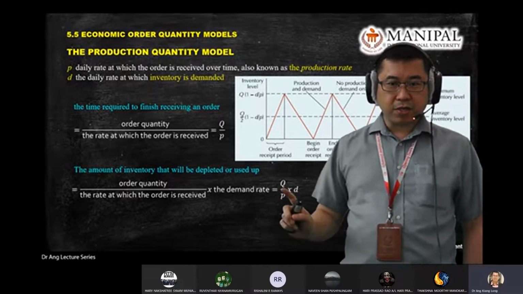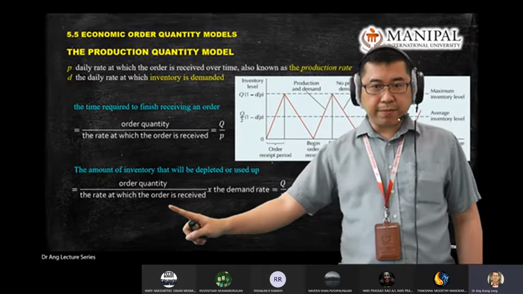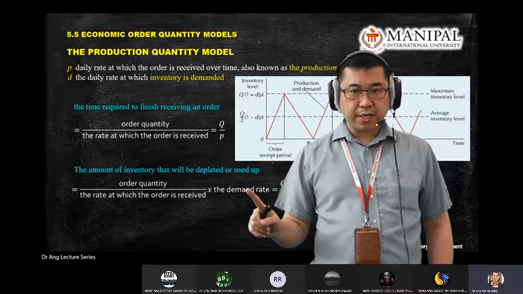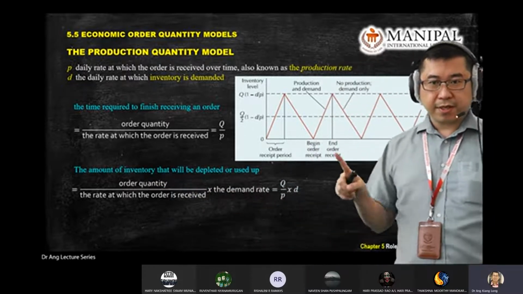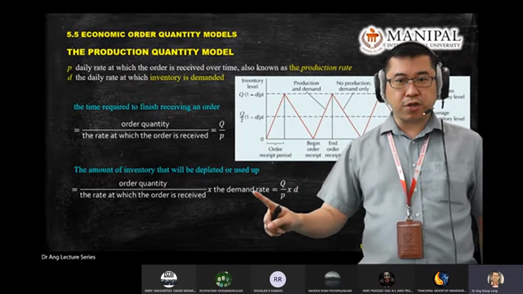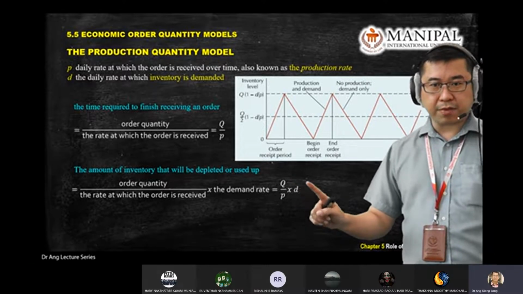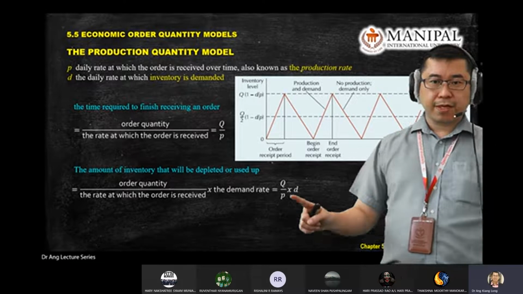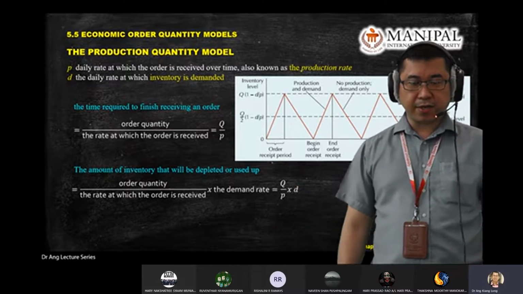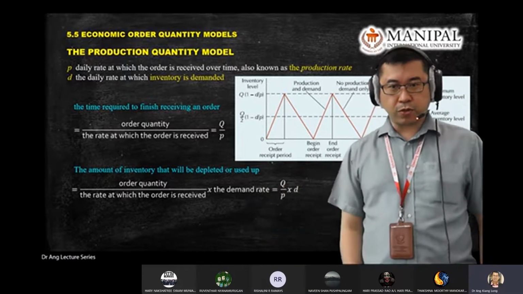So what we do, we take the order quantity divided by P, which is how many days you take to receive the total order, times the demand rate, which is how fast you consume the order. So you take Q divided by P times D. D is your demand rate, which is how fast you distribute your goods.